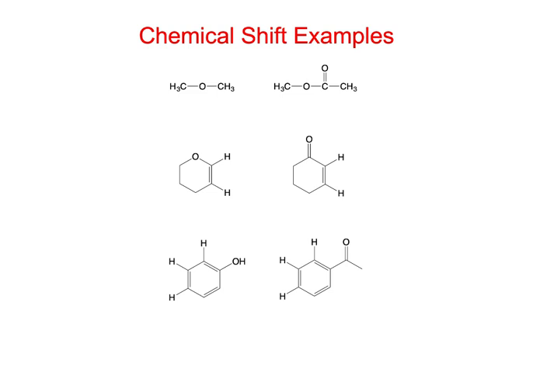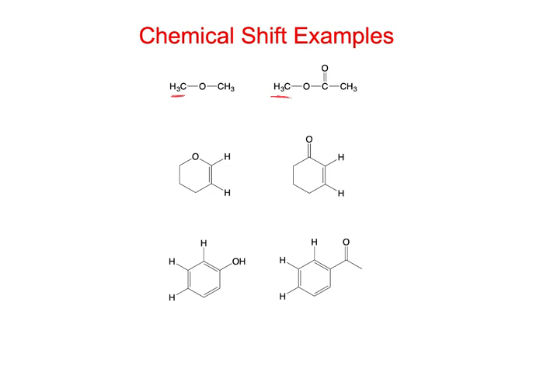So we looked at some of these types of examples already. We're just going to look a little bit at differences in chemical shifts. So for one, if we have a methyl on an ether versus an ester, even though they have oxygens attached, those two have different chemical shifts.